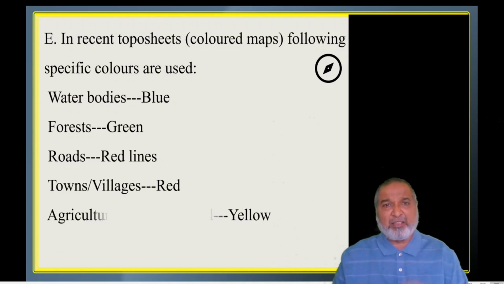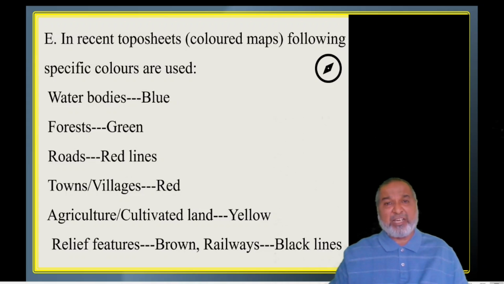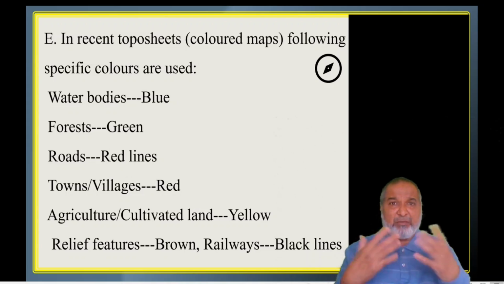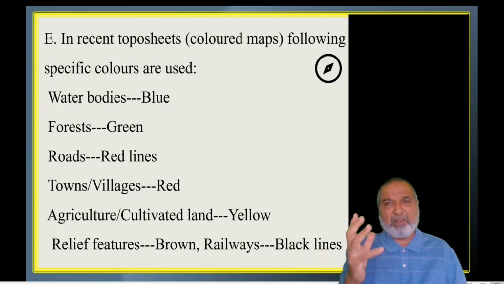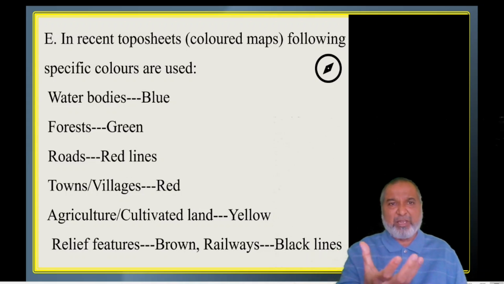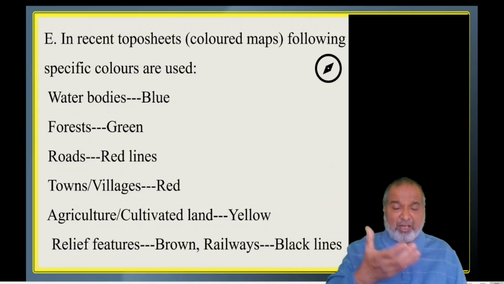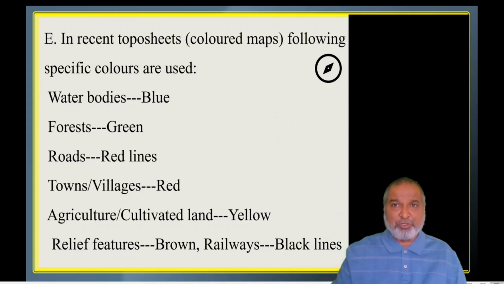Yes, these are the colors I just told you about. The water body is given by the blue color. Whenever you find a map, a world map or a globe, you can find that the blue color is used for water, and there are also shades of blue. The dark blue color is used for a deep ocean or deep sea.